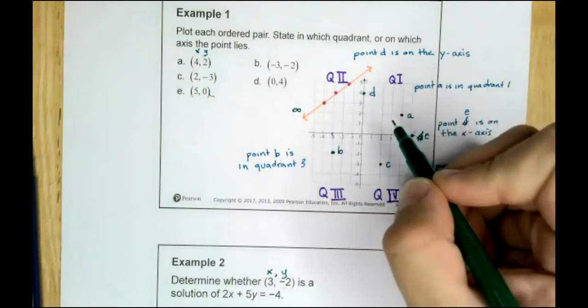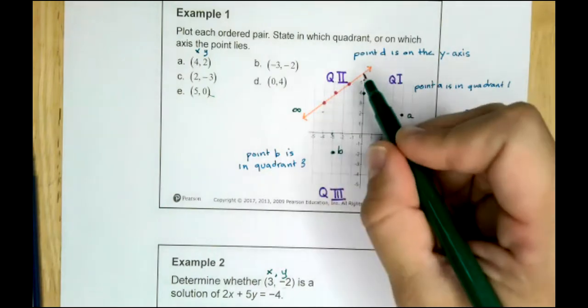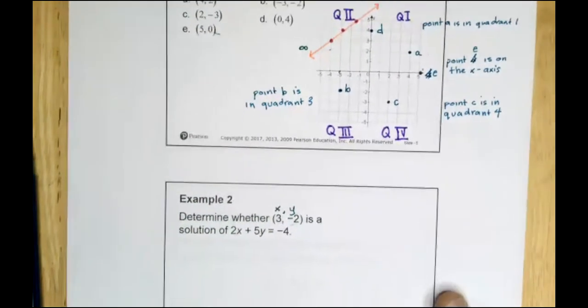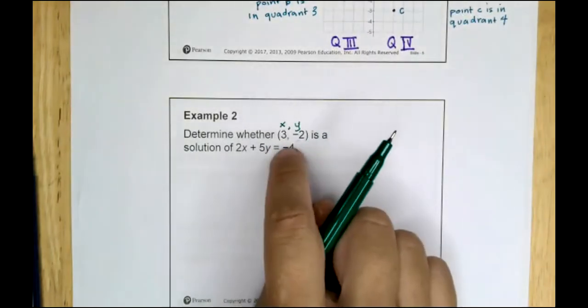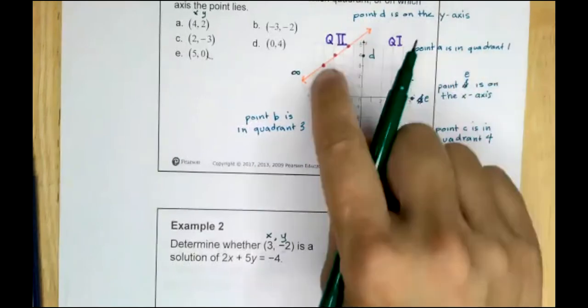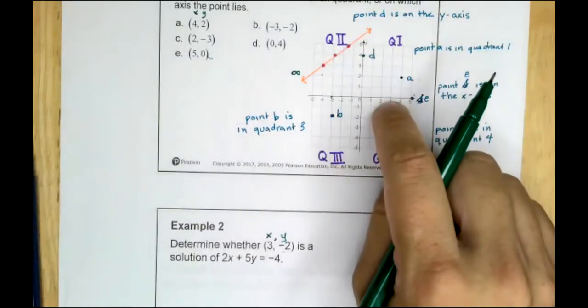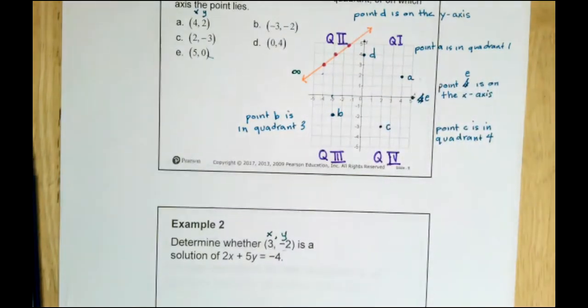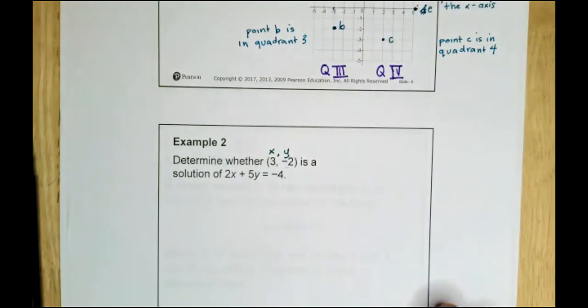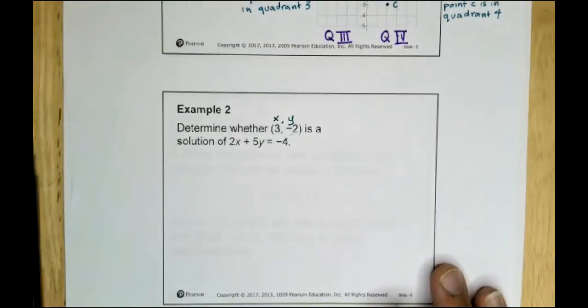This is not a solution for this line. So right now they want you to tell them, is 3, -2 on this line if I put this line on a graph? Okay. When a point is substituted into an equation and it makes it true, the point is on the graph of that equation.